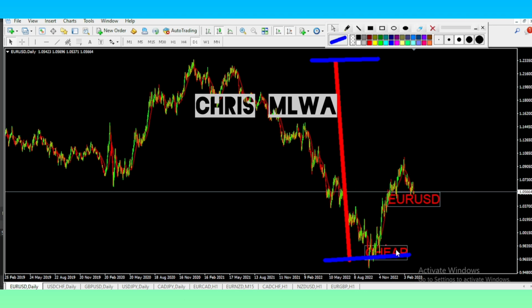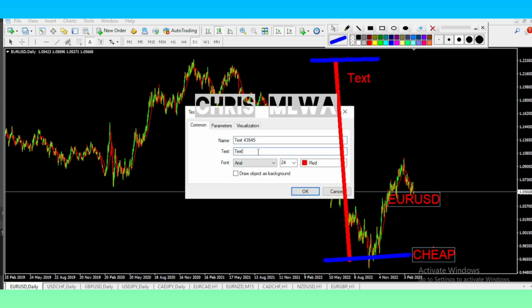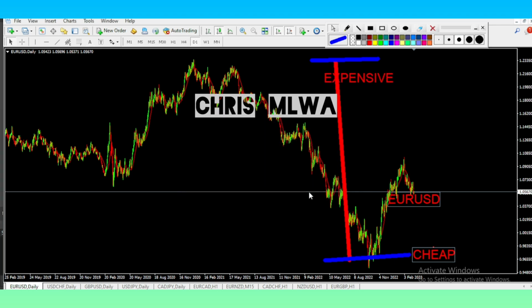Then this one is expensive. You have buy cheap, sell expensive. So here it was expensive, it was selling at this point. It was expensive, then it sold. So there was this drop.